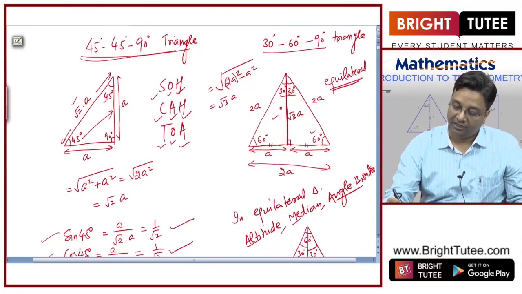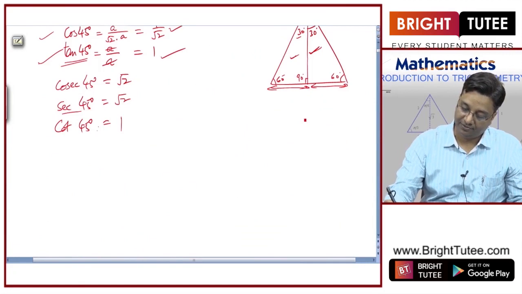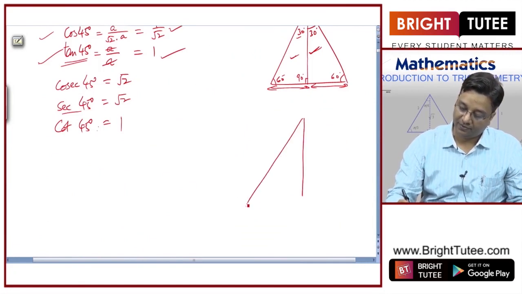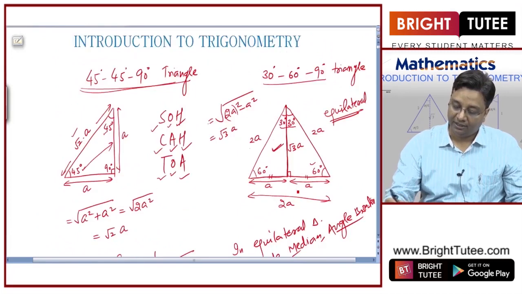So if I take this triangle only, let's take this triangle separately. This was 30, this was 60, this was 90, right. This side was a, this 2a and this root 3a.